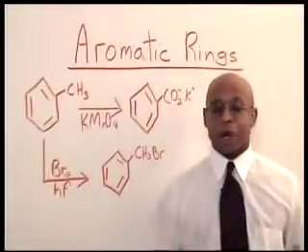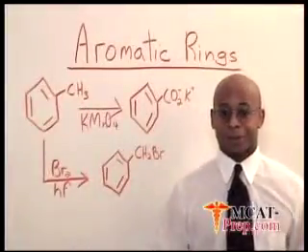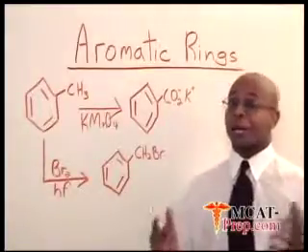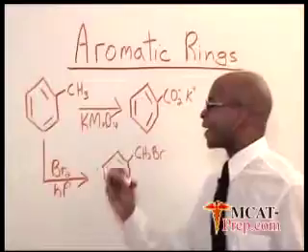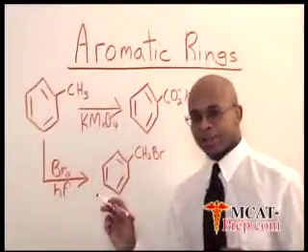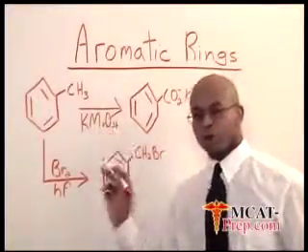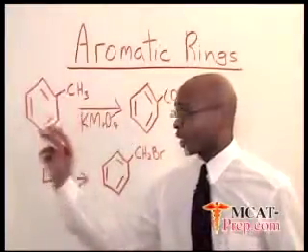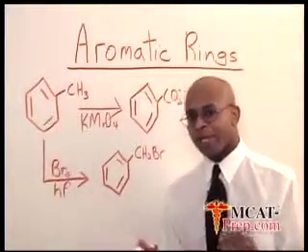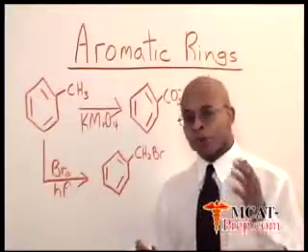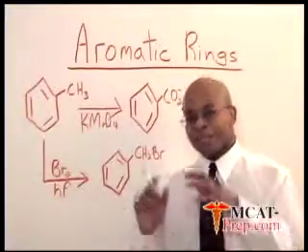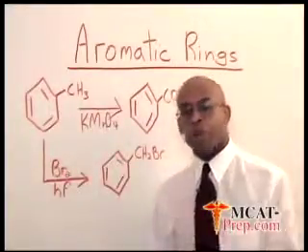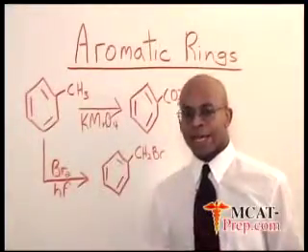Aromatic rings are so stable. You're supposed to ask, how stable are they? Well, aromatic rings are so stable that under abrasive conditions with KMnO4, KMnO4 cannot break the ring, like we saw for the previous example of a cyclical alkene in which KMnO4 broke the ring and created a diacid.